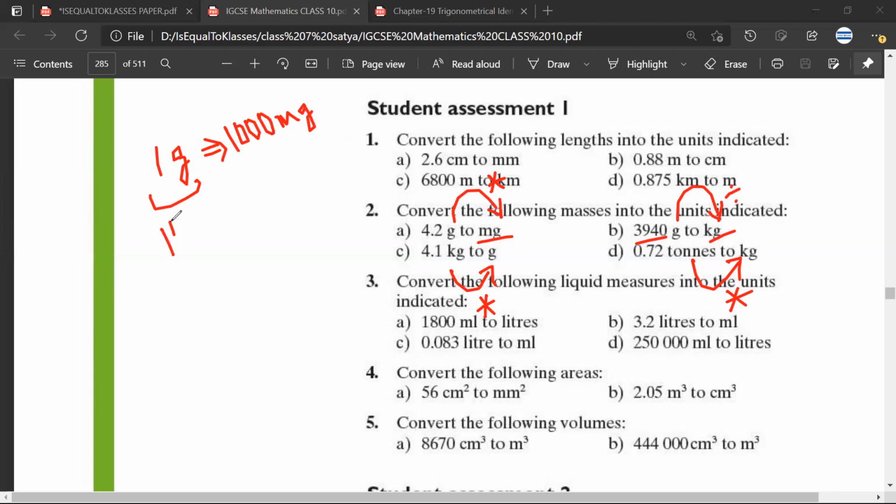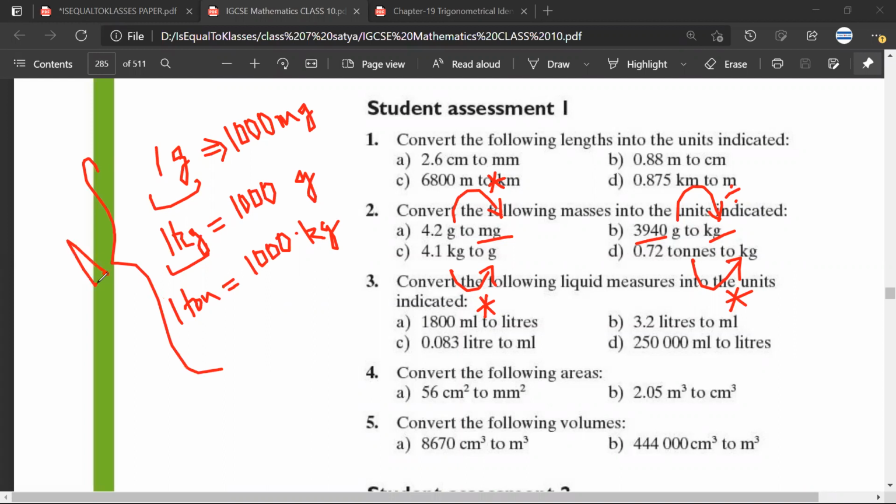How many grams make 1 kg? So 1000. How many kgs make 1 ton? So 1000. Sarthak, any doubt? No, sir.